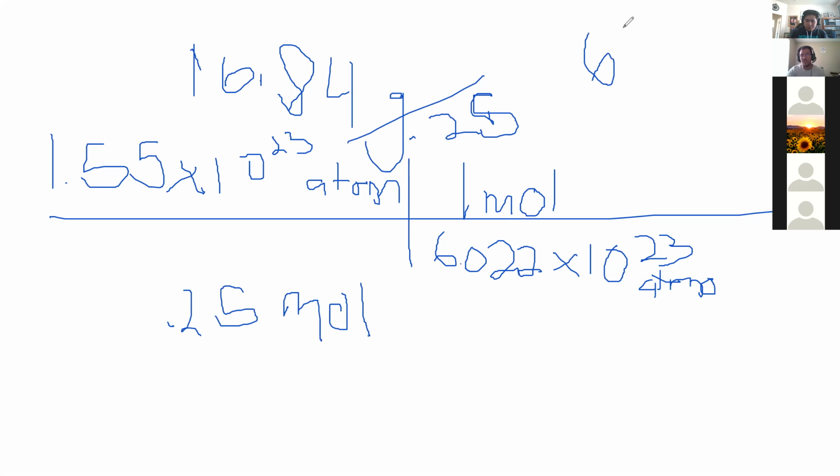So what element is the closest to this molar mass or atomic mass? Zinc. Yeah, it'll be zinc then, right? So your answer for 22 will be A.